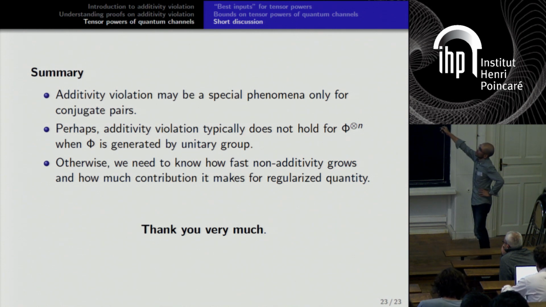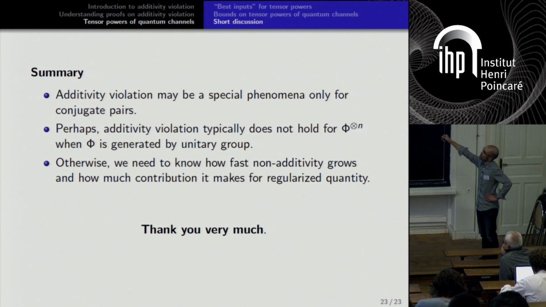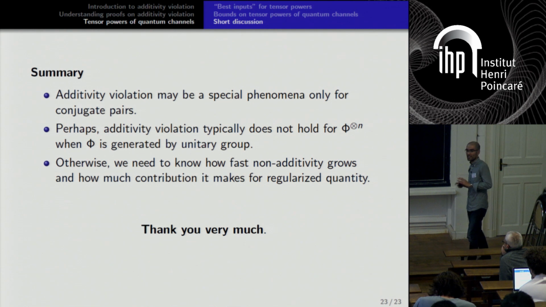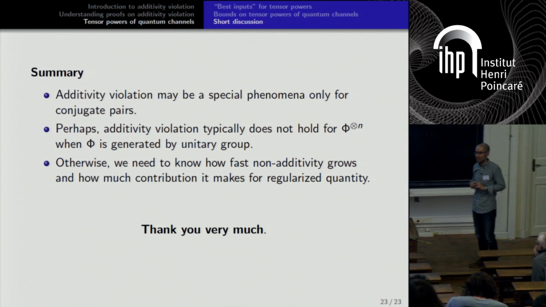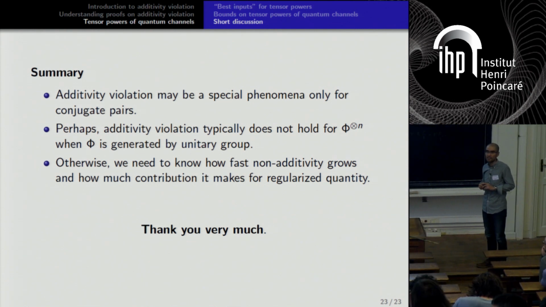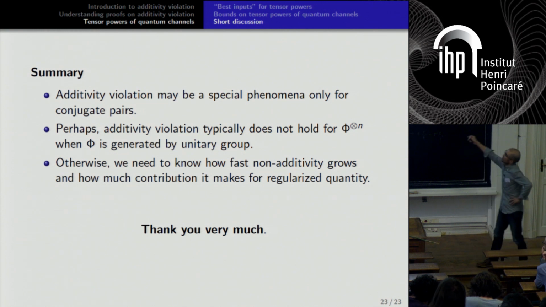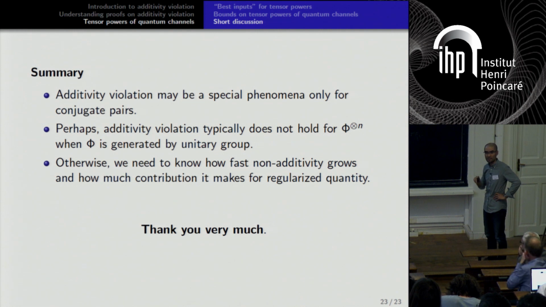But maybe for the unitary case, we don't have any violation, because, of course, there may be a violation, but based on some calculation made by us, we don't know. If it happens, it may not be a generic property. It may be just an exceptional case. So here, this is unitary, but for orthogonal cases, there may be additivity violation for pairs, but not anymore.